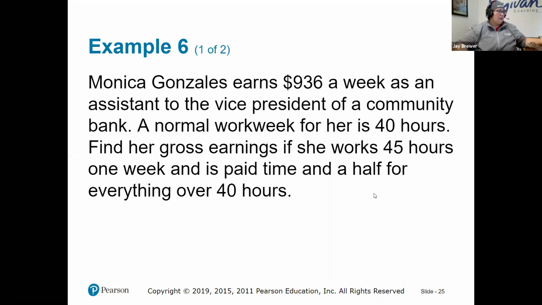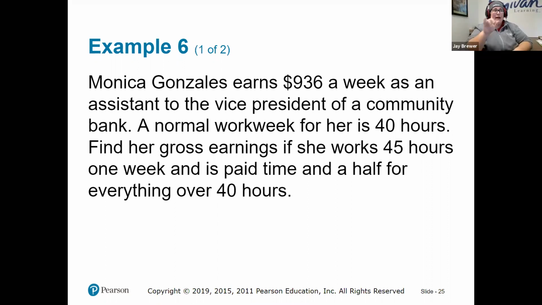So what do you guys think the approach could be here to figure it out? How would you find out her regular rate? What do you think you would do? 936 times 4, and then that times 12.